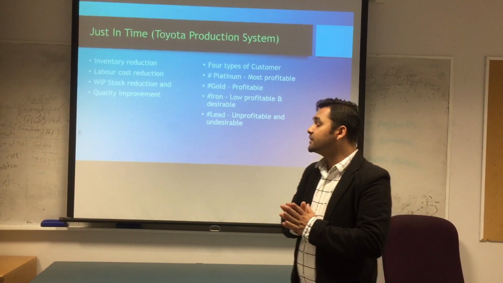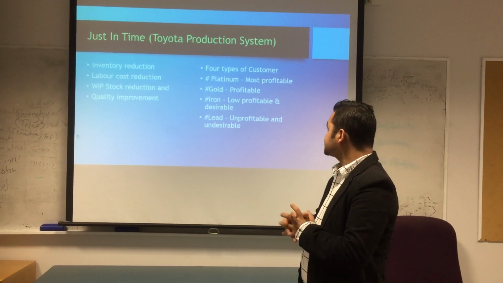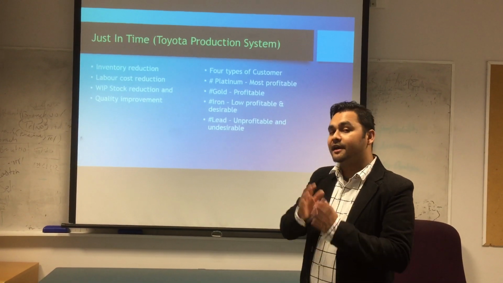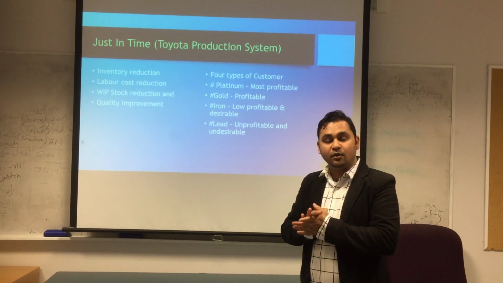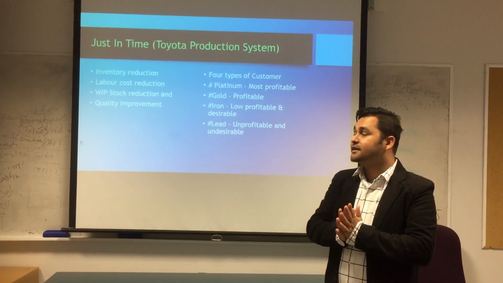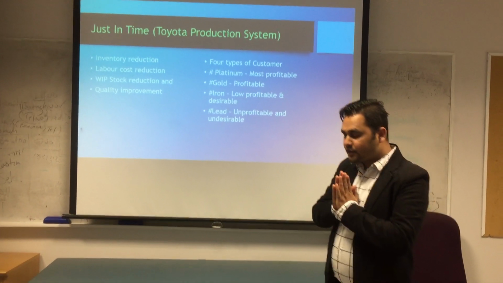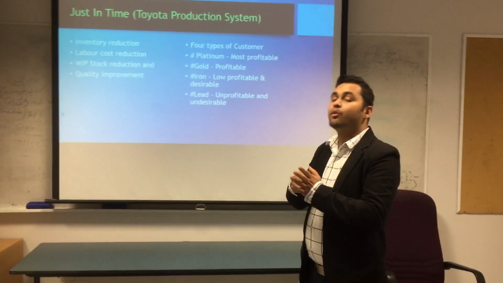The next thing is that this bakery company uses four types of customer as well. They categorize their customers into four types. One of them is platinum, the second one is gold, the third one is iron, and the last one is lead. The customer who is in platinum is the most profitable.